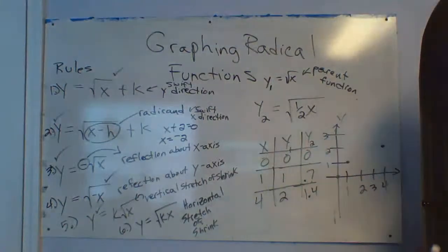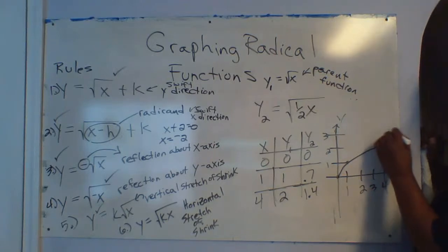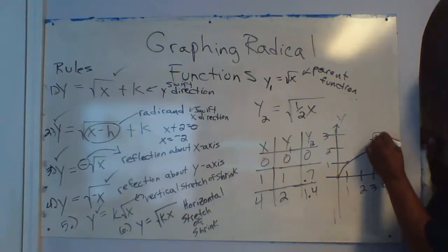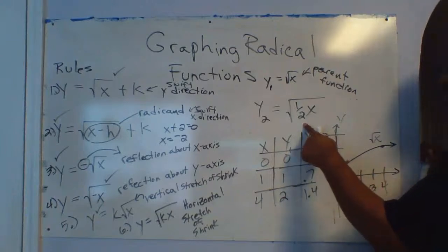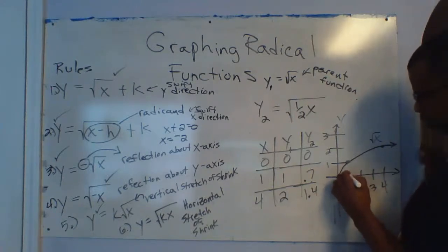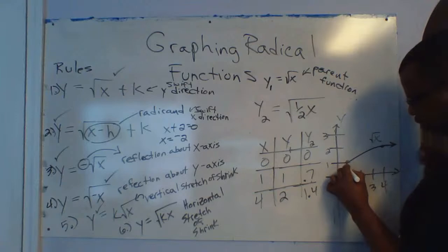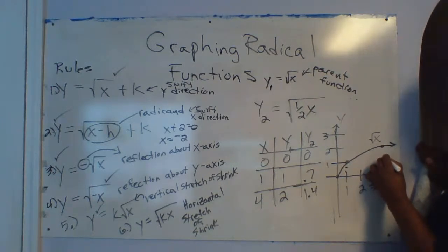All right. So this is our parent function. Now we want to do what we have 1/2. So we have what? 0, 0 again. Then we have 0.7. So I'm going to say 0.7 is about right here. And then we have 1 and we have 1.4. I'm going to say it's about right here.